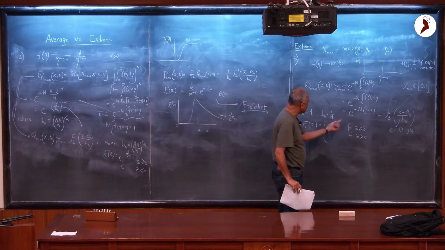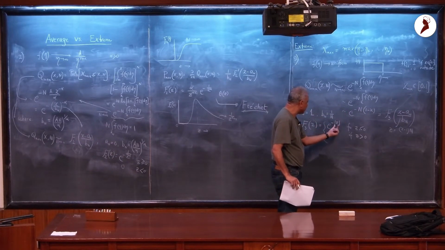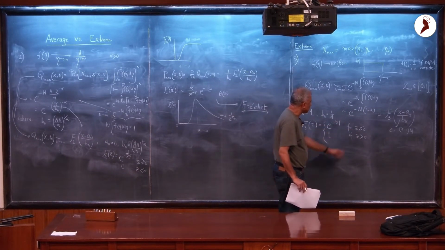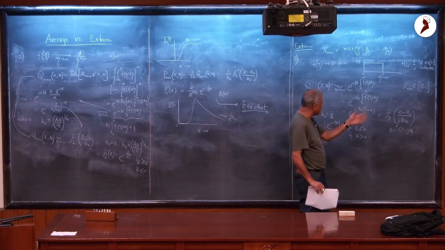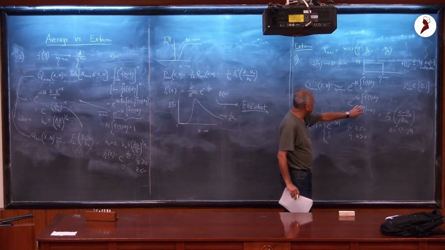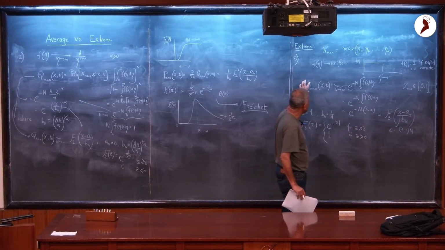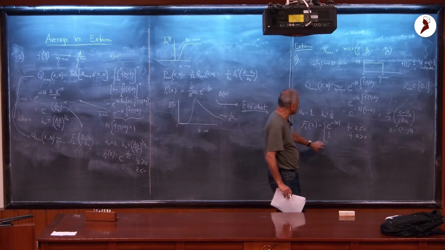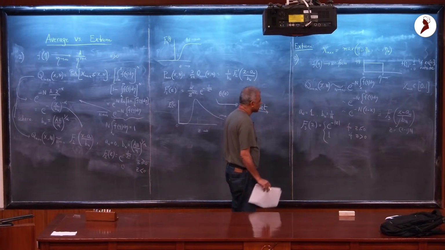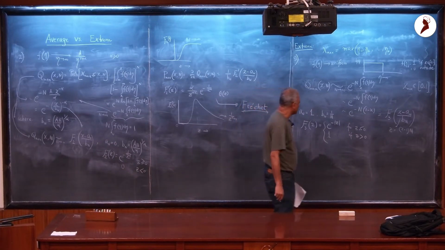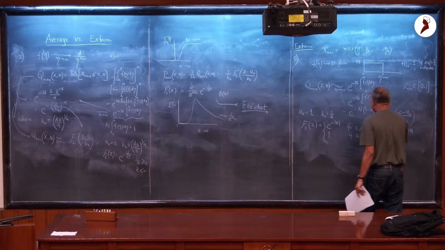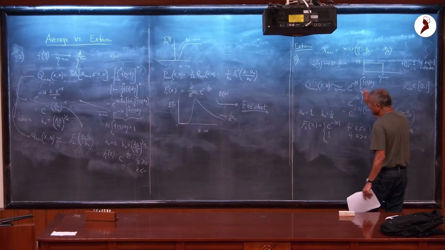And therefore, it is e to the power minus absolute value of z for z negative. And for z positive, as I said, x max cannot be bigger than 1. So that means this guy is identically 0, which means that this is 1. Okay? So the f3 scaling function is 1. Okay? So this is for this particular case of the uniform distribution.